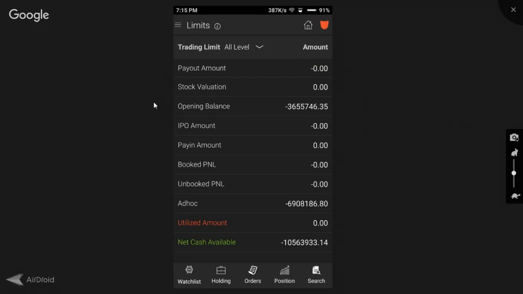It is also showing how much money I'm going to be getting very soon, that's ad hoc over here. Finally, most importantly, it also tells me how much money is being utilized for any position that I have created, and after that, how much cash is available.